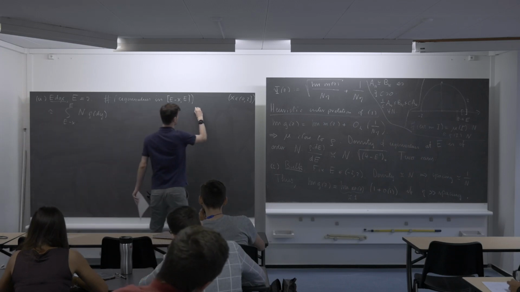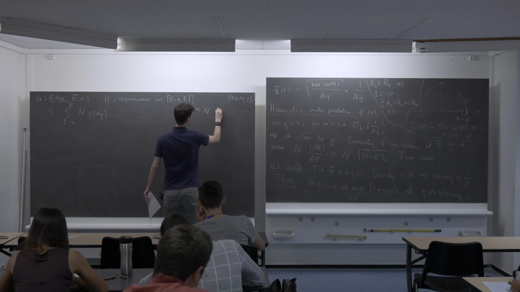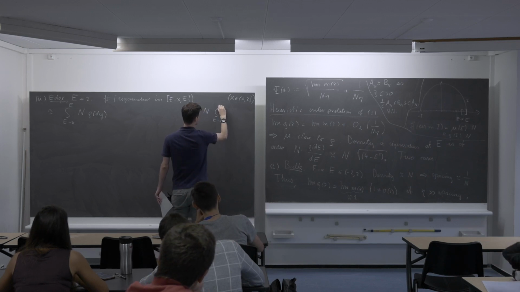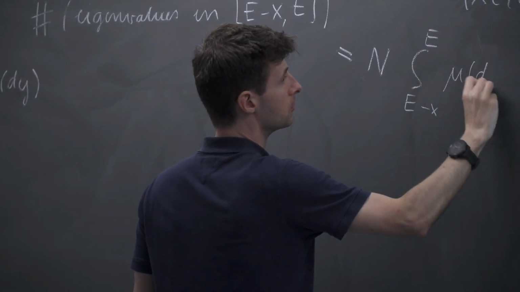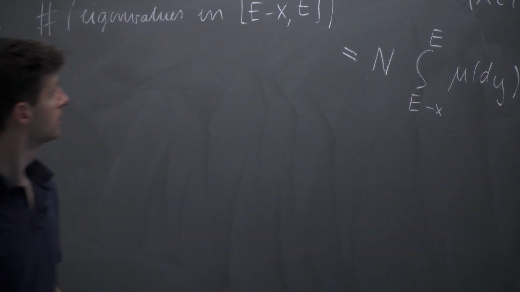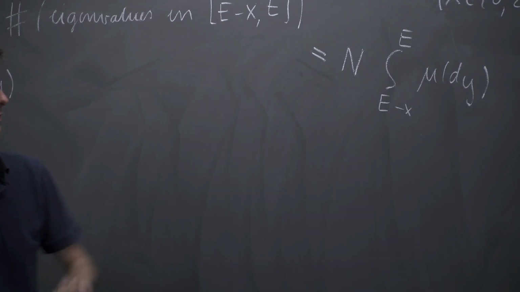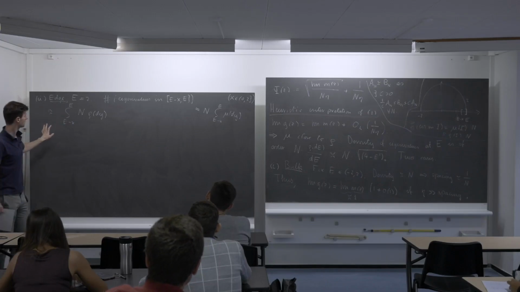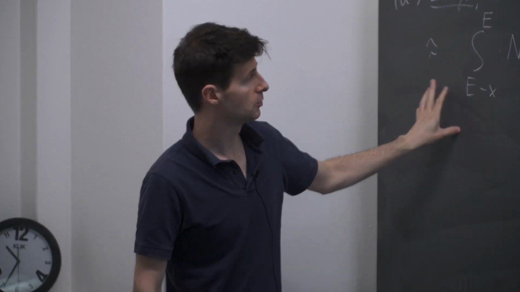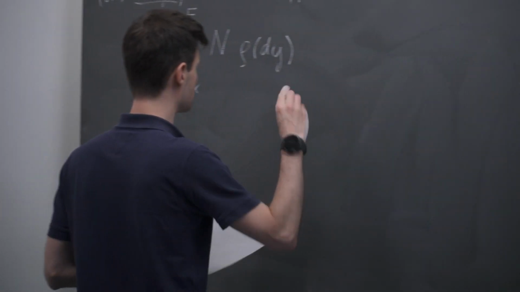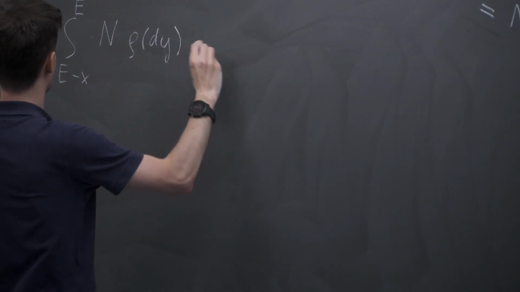Maybe I should write it: this is equal to n times the integral from e minus x to e of mu dy. This is by definition of the empirical eigenvalue measure. Now heuristically I make this assumption that mu is well approximated by rho, and I get the following object. And now if you recall, rho had this form.